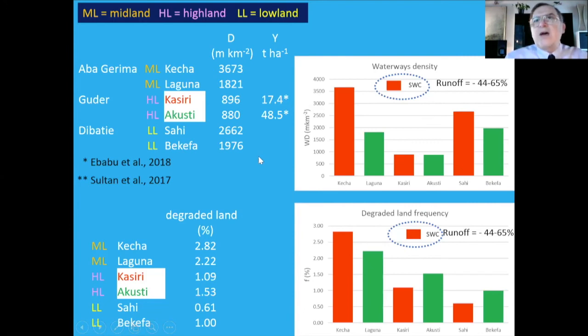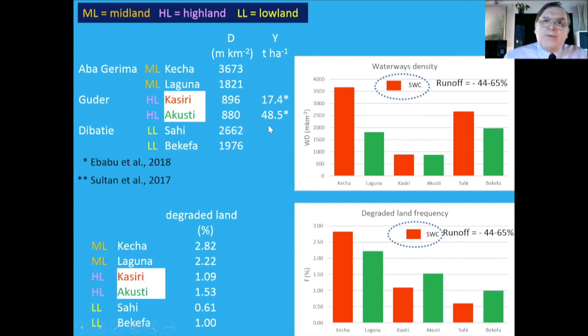But what is going to happen in a catchment where you have so many waterways? They contribute a lot also, not only for the sediment supply, but also to convey overland flow. So this aspect should be investigated in more detail.